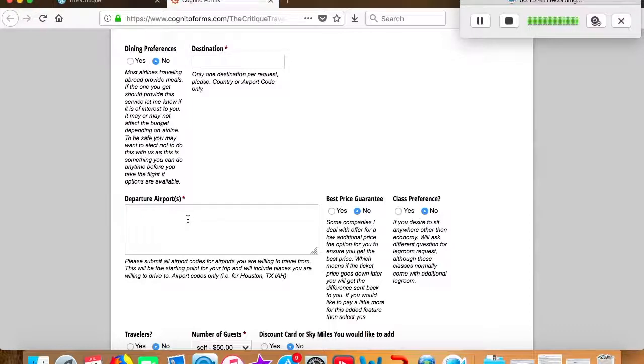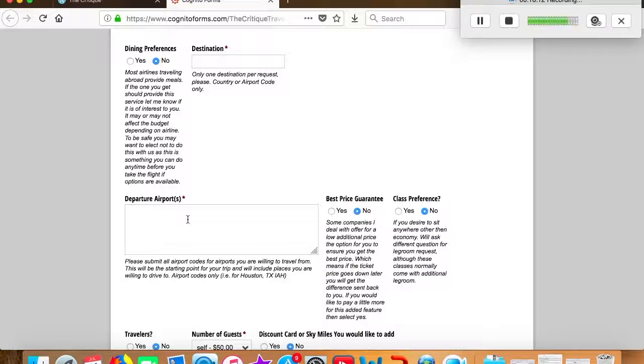If you are restricted to saying, hey, I'm only willing to go 30 minutes and the closest airport to you is, let's say, CAE in Columbia, South Carolina, well, all I can tell you is expect that you may not get the price that you want. I may not be able to meet your budget.